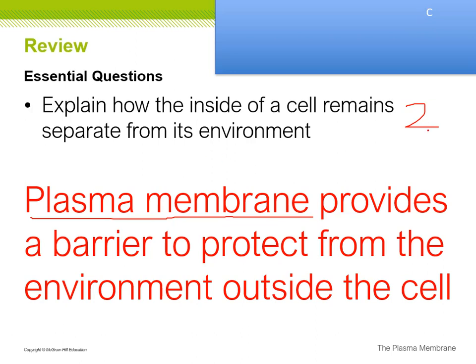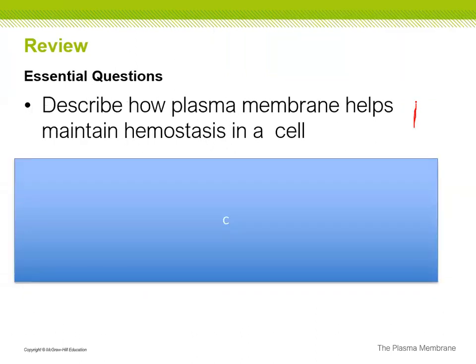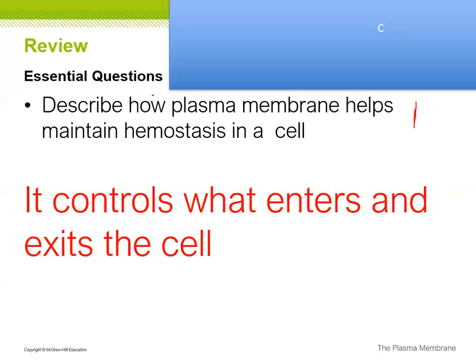So question 1, how does a plasma membrane help maintain homeostasis in it? It just controls what enters and exits, right? It picks and chooses. It has that selective permeability.